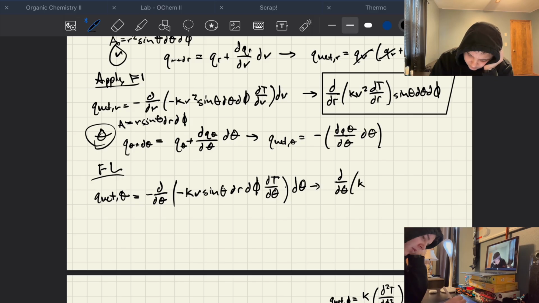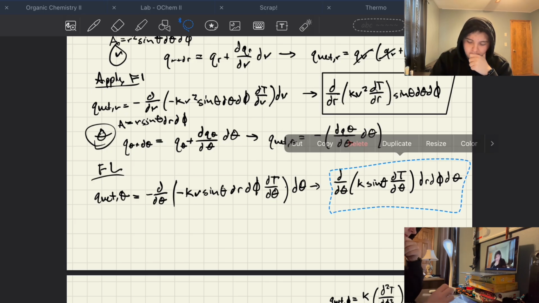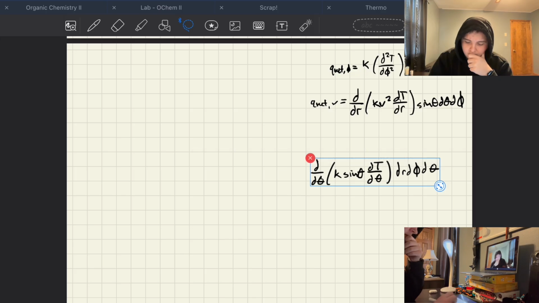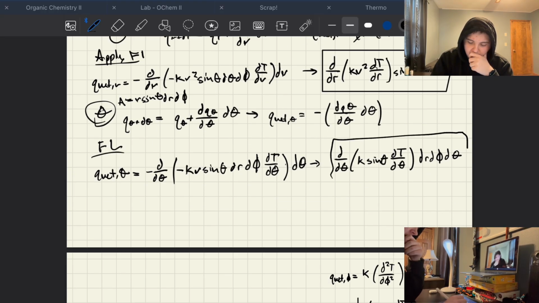And now all I'm doing is moving around what's on the left, not necessarily simplifying. Okay, cool. So we got our final answer for that. Box this.